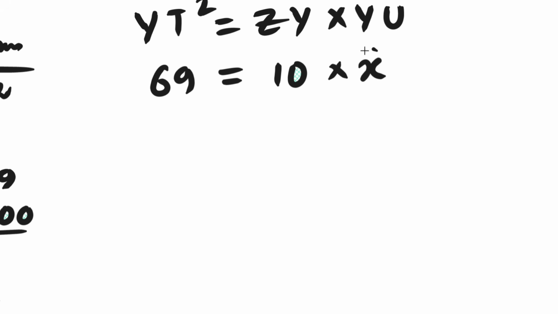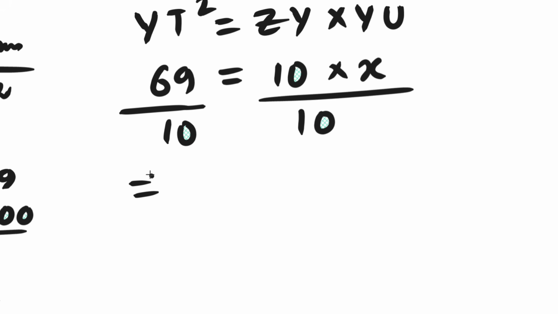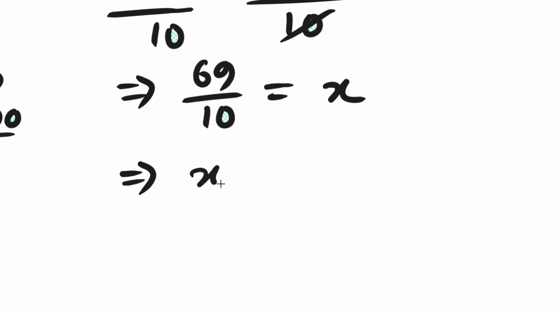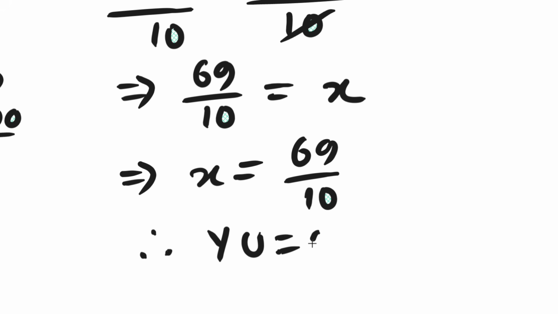Now we want x by itself, so divide both sides of the equation by 10. On the left, 69 divided by 10 remains 69 divided by 10, and on the right, 10x divided by 10 leaves x. Therefore, x equals 69 divided by 10. In other words, YU is 69 divided by 10 units.